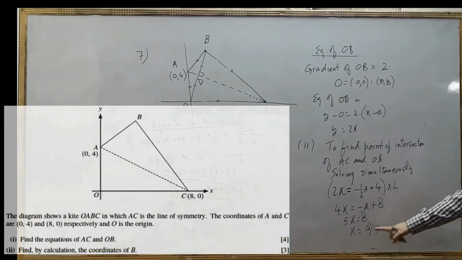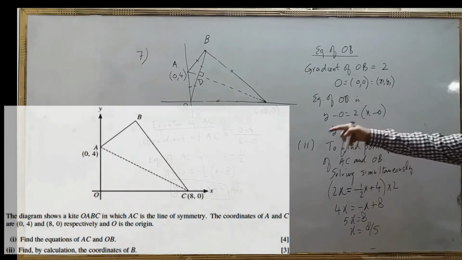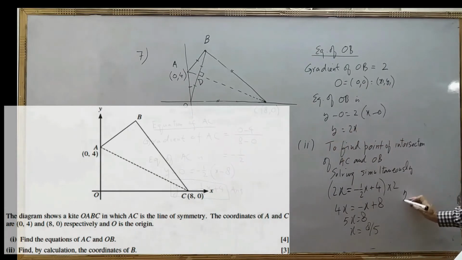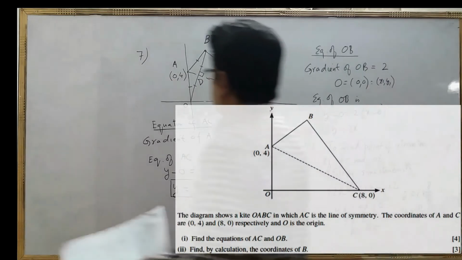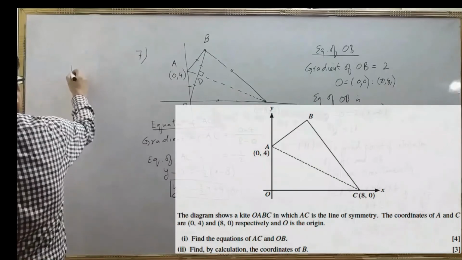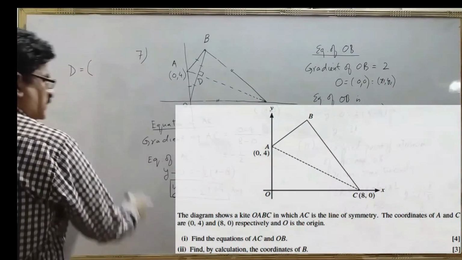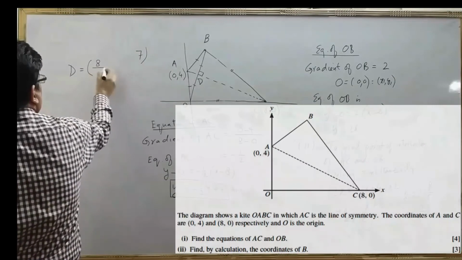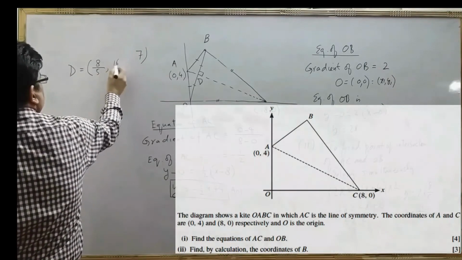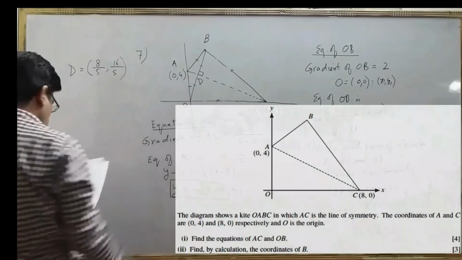Similarly, now putting this value of x into any one of these equations, we will get y is equal to 2 into 8 over 5. So this is 16 over 5. So we have found the coordinates of D, 8 over 5, 16 over 5.